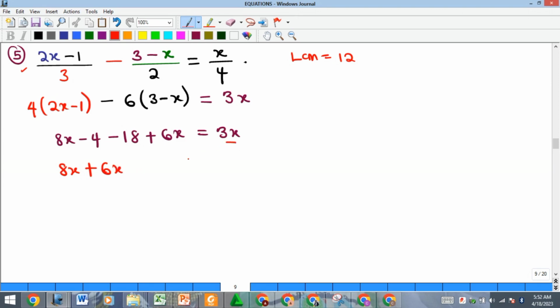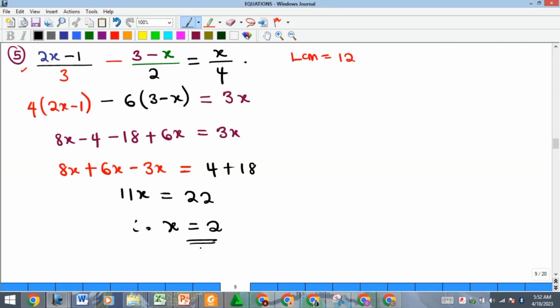So this positive 3x now coming over will become negative 3x, and that will be equal to, and when we now simplify, 6 plus 8 is 14 minus 3 is 11x. On the right hand side, we have 22. And so when we divide both sides by 11, which is the coefficient, the value of our x will be 2. All right, so this is where we'll end it for this video on how to solve the equations with fractions.